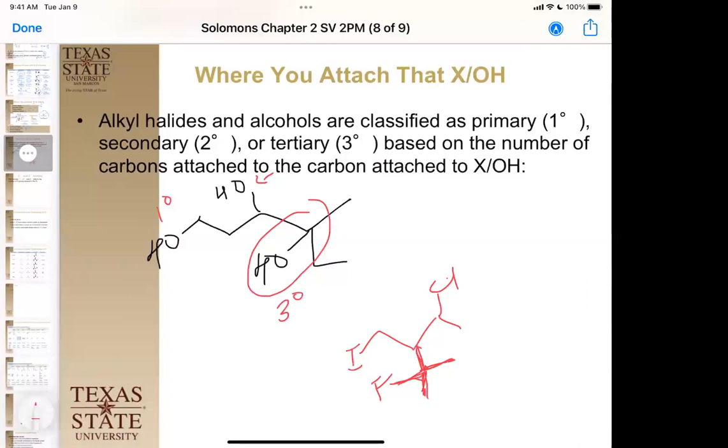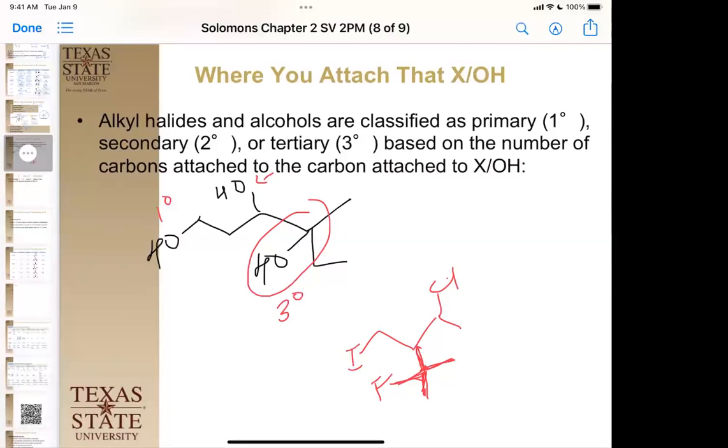Okay, the fluorine is on a tertiary carbon, making it a tertiary fluoride. Okay, so we see how that classification works. So up to now, it's what the carbon is, and that defines the alkyl group, that defines the hydrogen, that defines the alcohol, and that defines the halogen. So we can tell our primary, secondary, and tertiary halogens, hydrogens, and alcohols by looking at the carbon.